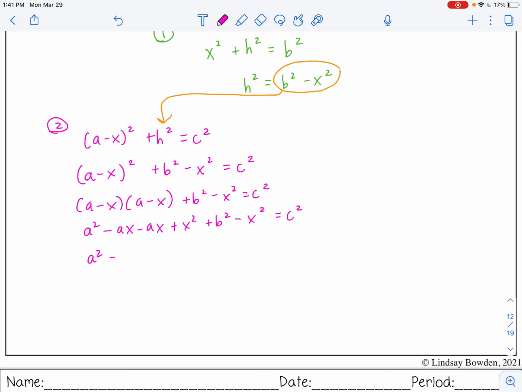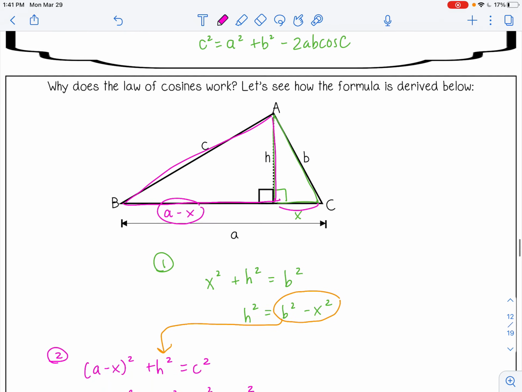So we have minus 2ax, x squared minus x squared, that actually cancels out. All right, and I'm just going to rewrite this with the c squared out front. And let's make it even more similar to the law of cosines. That's what we're trying to get to here, which remember looks like this.